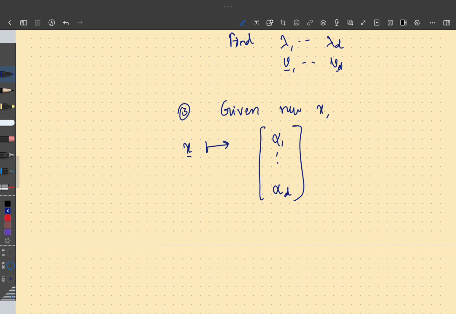This is the low dimensional representation of x, and each alpha i is basically K(x, x1) up to K(x, xn) times vi divided by root lambda i.